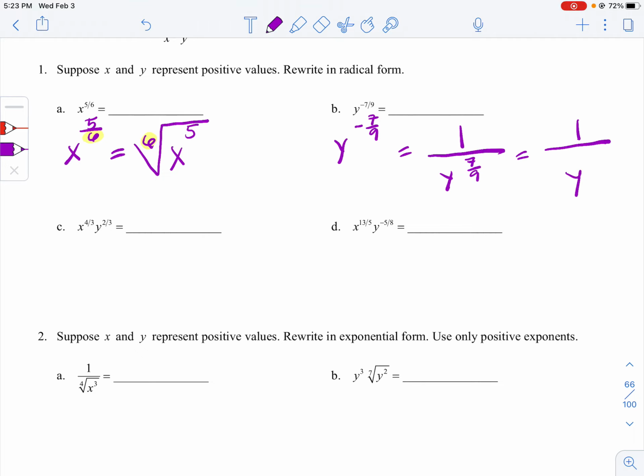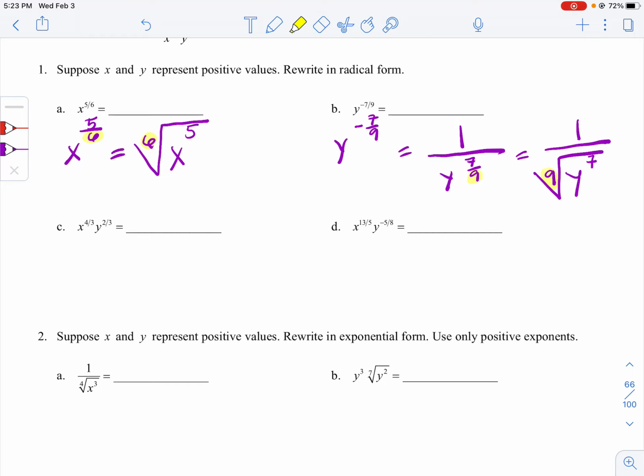So that's y to the power of 7. And then the number on the bottom tells you what kind of root it is. So it could be a square root, a cube root, but this time it's a 9th root of y to the power of 7. And there you have it. That's what you're going to do. Okay, I'm hoping that that is not that crazy.